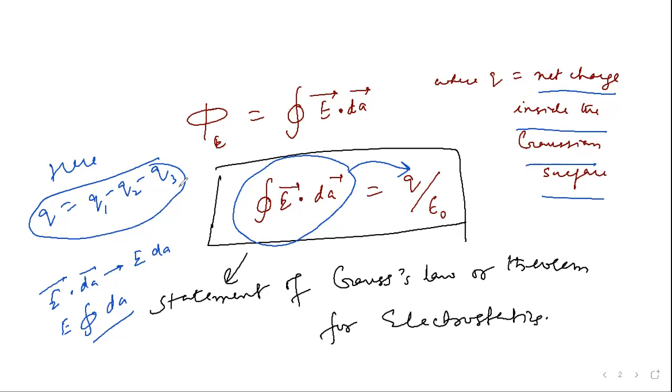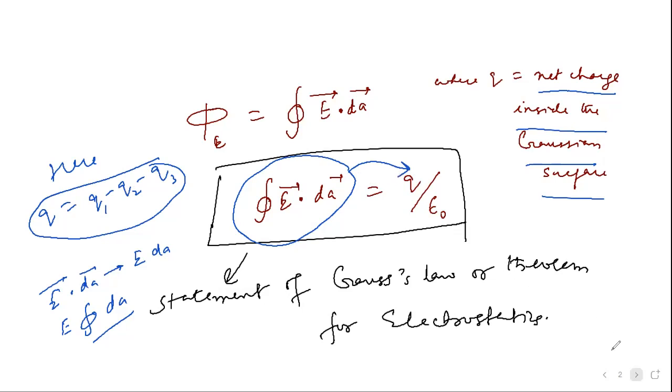That means if net electric flux through my Gaussian surface is positive, then it must contain a net positive charge inside it. If net electric flux is negative, it must contain a negative charge inside. And if it is zero, the net charge inside it must be zero.